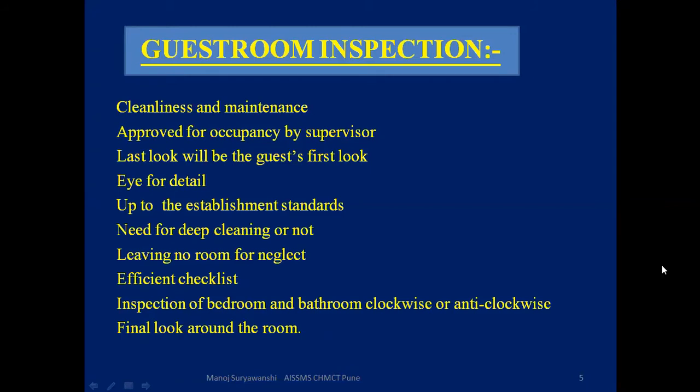That's called eye for detail. Or maybe some area has been overlooked by the guest room attendant but is seen by the supervisor, so that area should be brought to light and explained to the guest room attendant. Thus, pay extra attention to every corner, see everything thoroughly, and then clean.